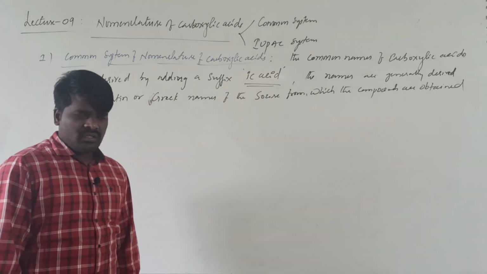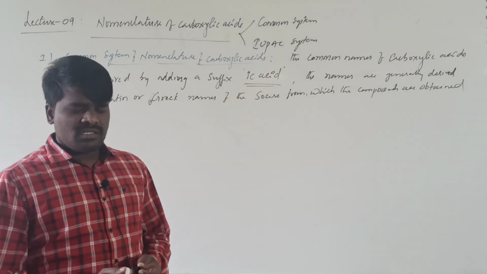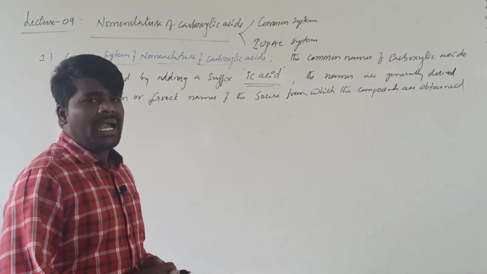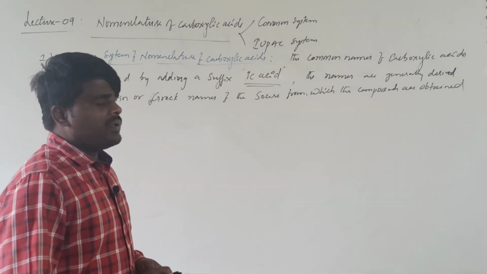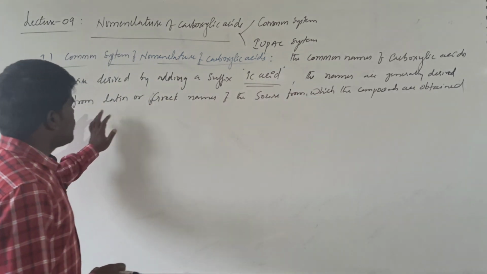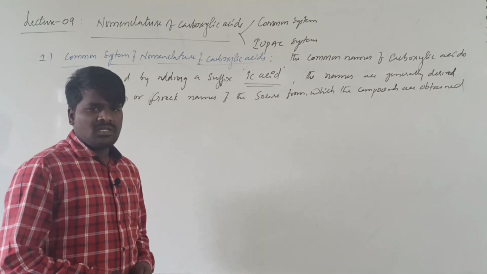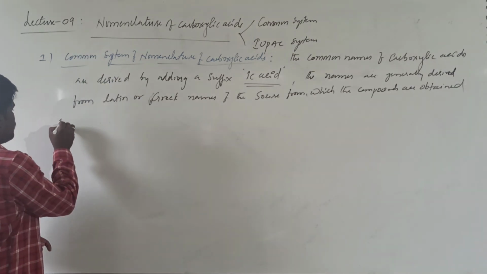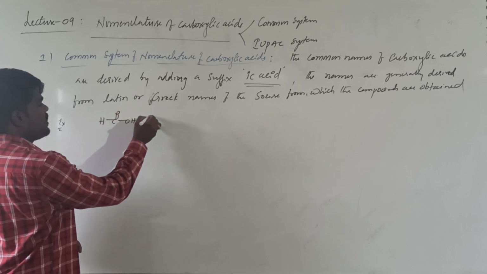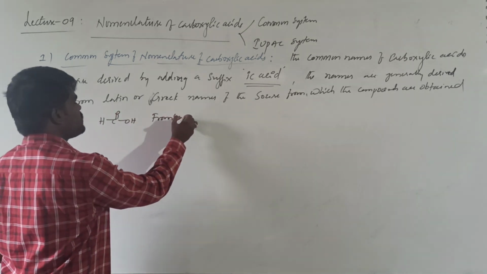The very important thing is that the common names of carboxylic acids are generally derived by adding a suffix. A suffix is something added later, and here it is "ic acid". The names are generally derived from the Latin or Greek names of the source from which the compound is obtained. For example, the simplest carboxylic acid is called formic acid. Why is it called formic acid?